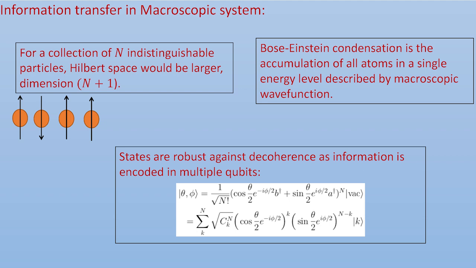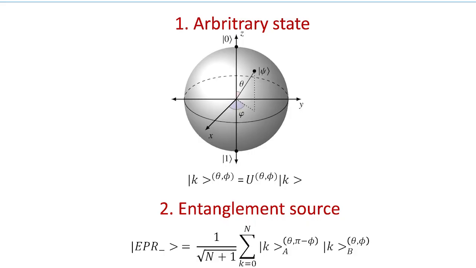So now I will briefly mention what we have done for such a system to transfer the state. Again, the state which we transfer on the other side looks like this, which can be visualized on the Bloch sphere.